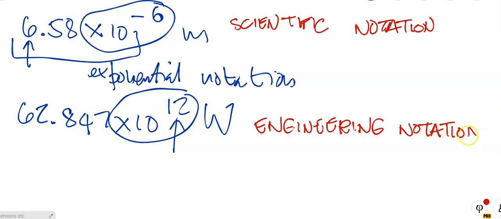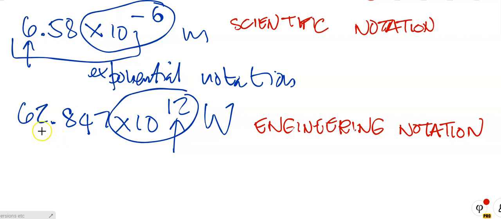Now, you check this number out here. Is this number also in engineering notation? Yes, it is. It just happens to be in engineering and scientific notation as well. Can you see that?